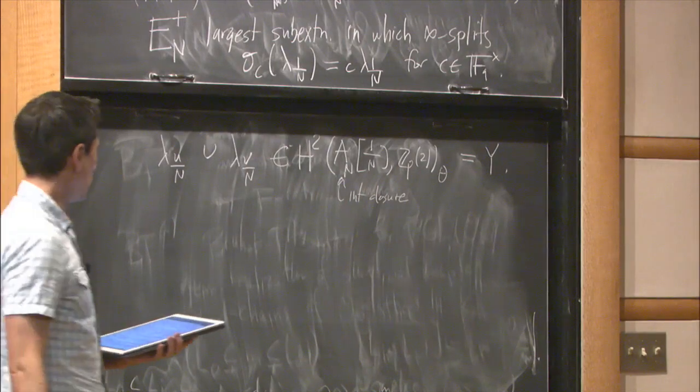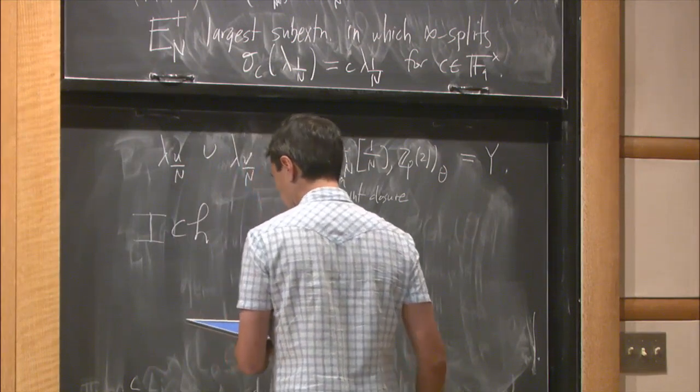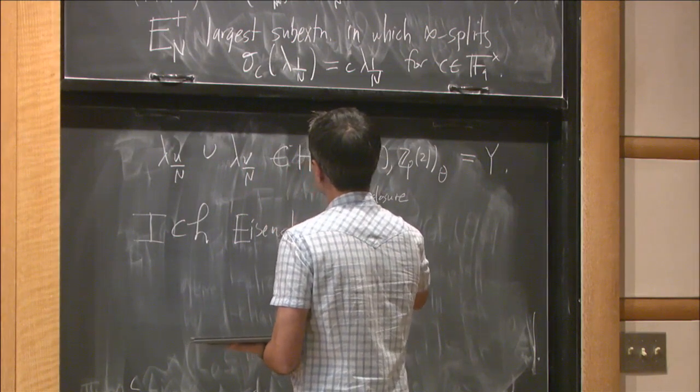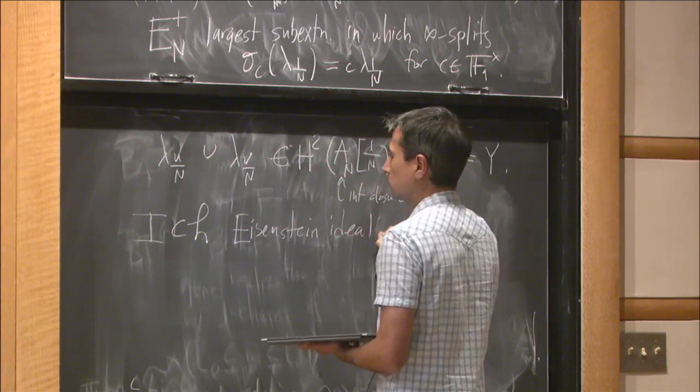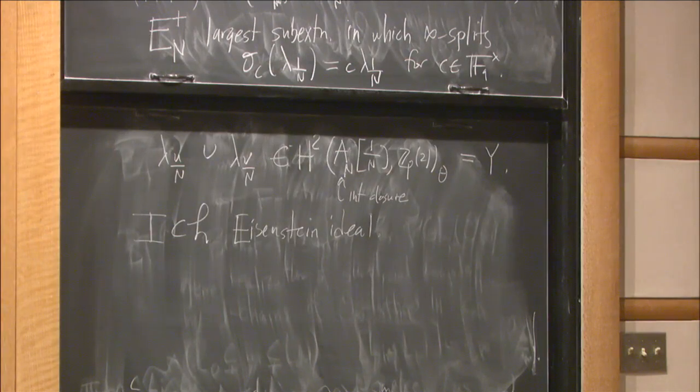OK, so inside my cuspidal Hecke algebra, I was saying I have an Eisenstein ideal. Y doesn't directly relate to a class group anymore. It's really just the H^2, the K_2. OK.